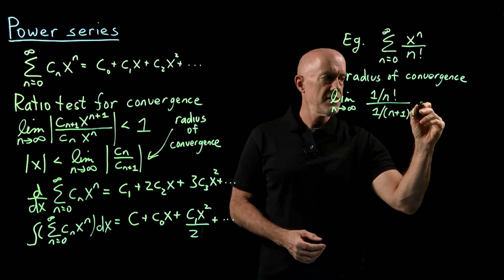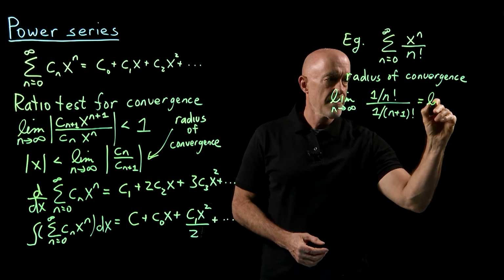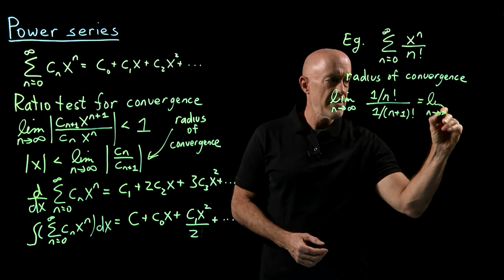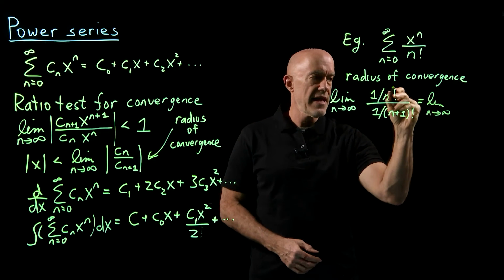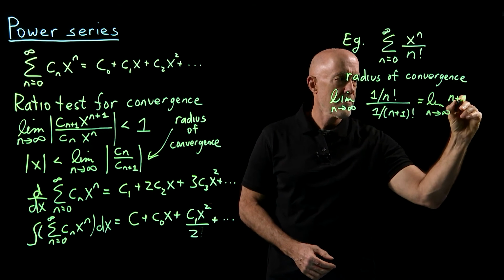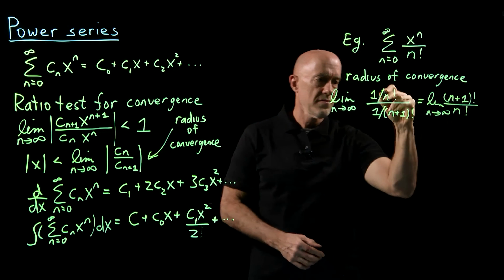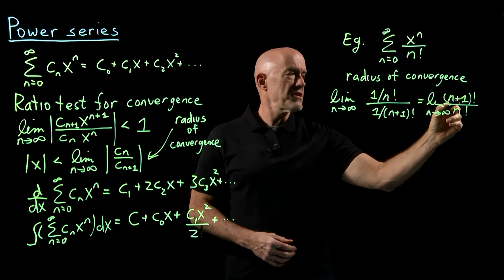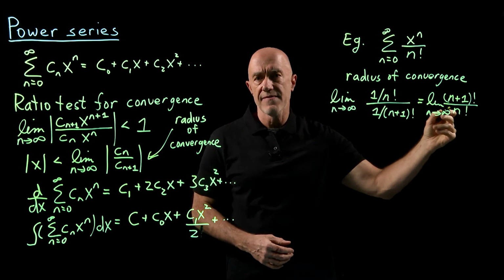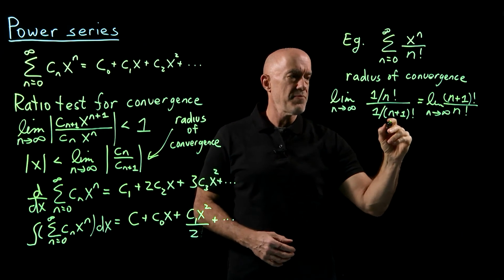This simplifies. So this is the limit as n goes to infinity. So this has an n plus 1 factorial over an n factorial, right? And that n plus 1 factorial divided by n factorial is just n plus 1.